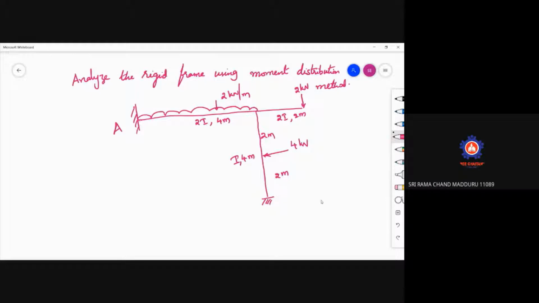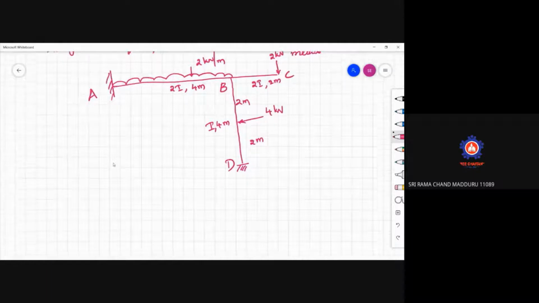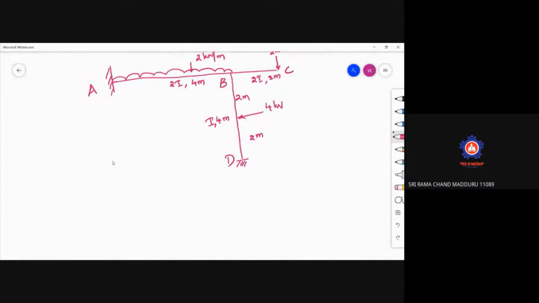This is A, this is B, this is C, and this is D. First of all, we'll calculate fixed end moments.